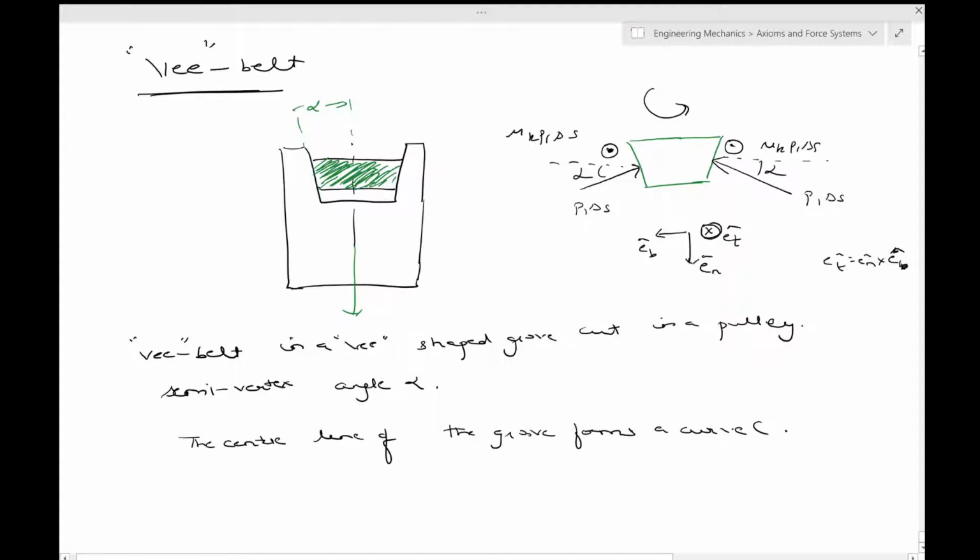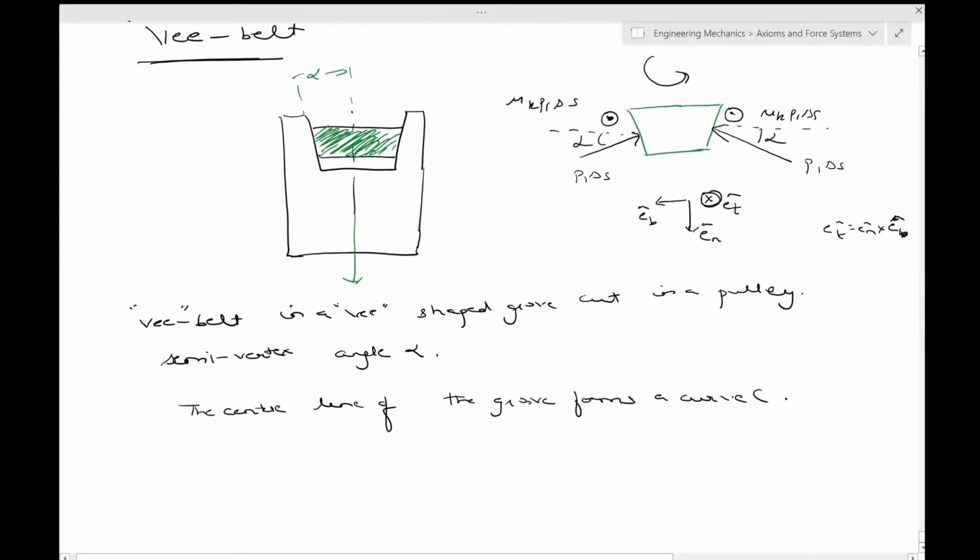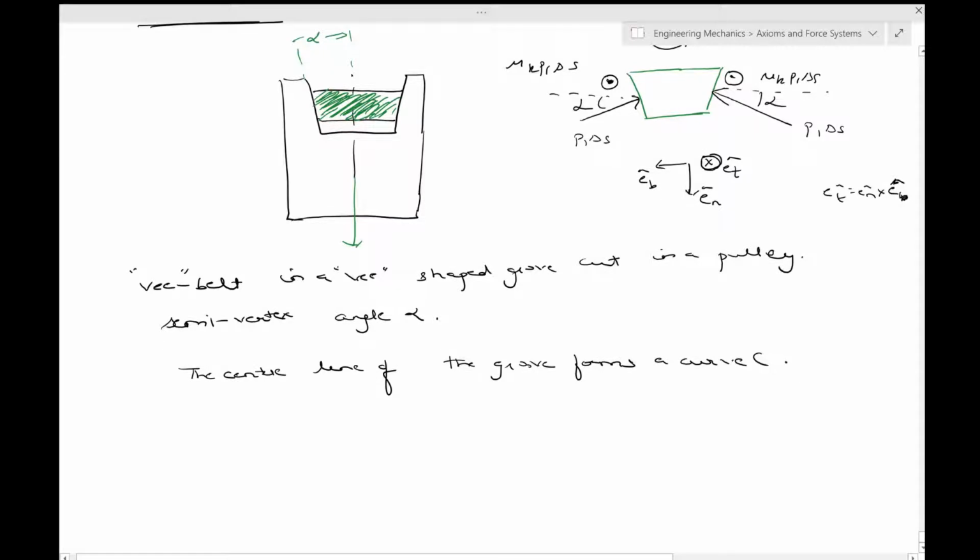Now if you want to write the equation of motion, let me just call this the distributed force Q on the belt.